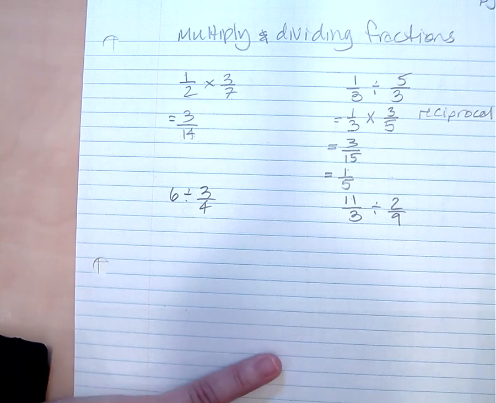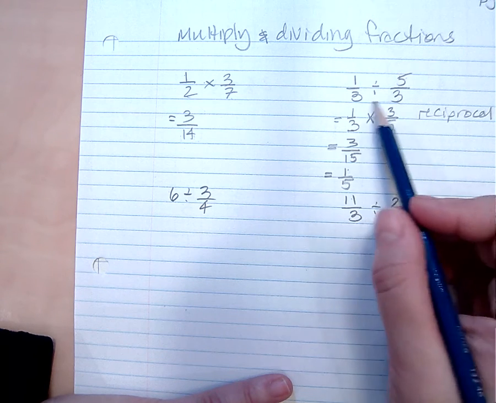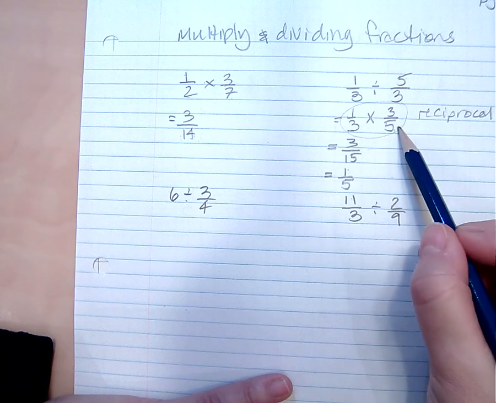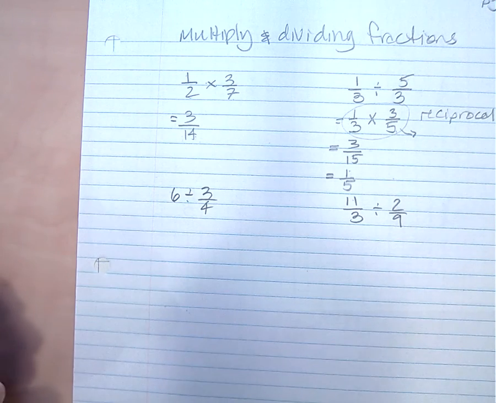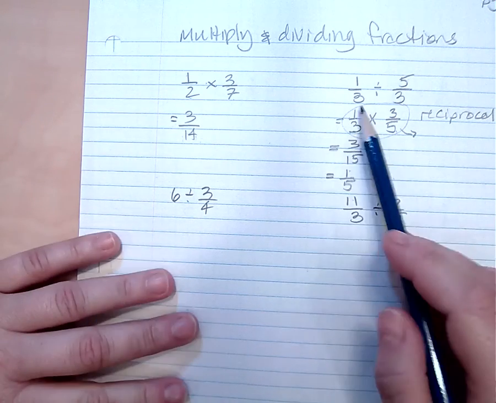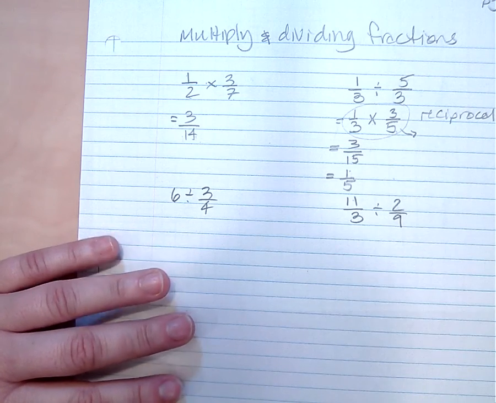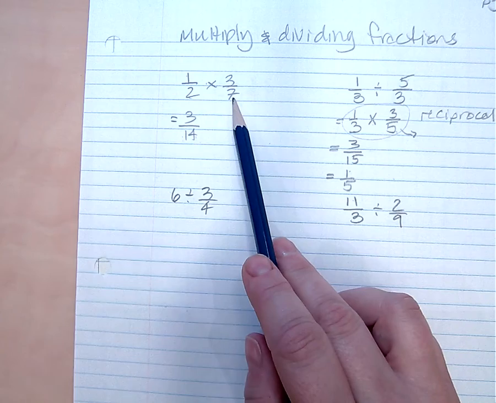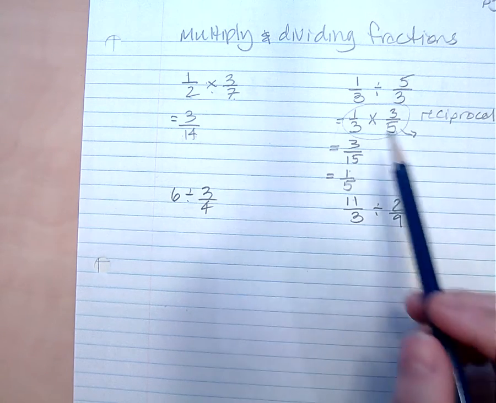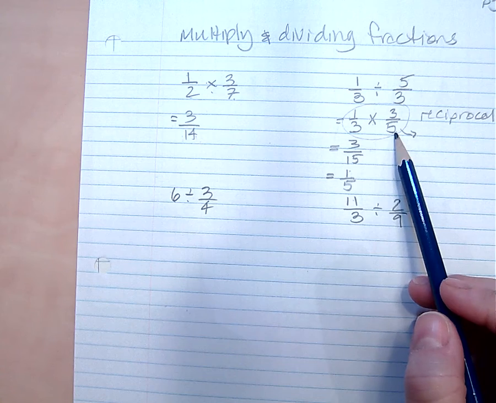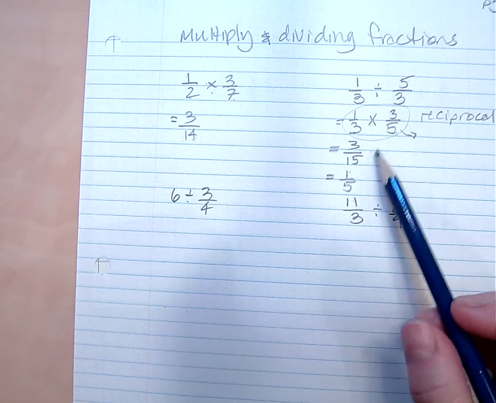Now, I want to show you something. Going back up here, let's take a look at this. You can cancel when you have a fraction times another fraction. So you've done the flip if it's a divide, or you didn't have to because it was a multiplication of two fractions. But when you have two fractions being multiplied together, you can reduce before multiplying.